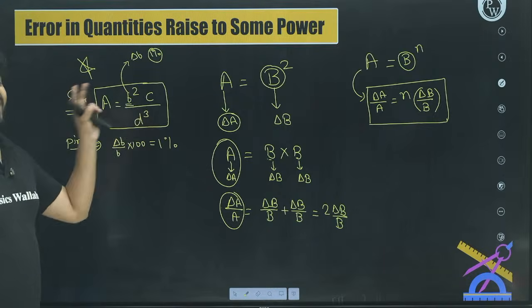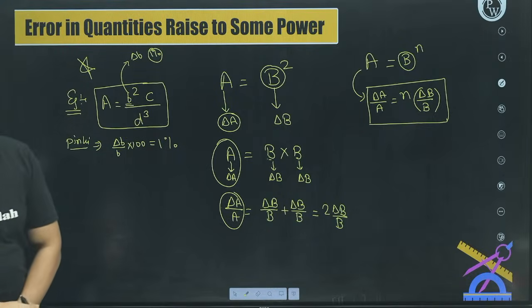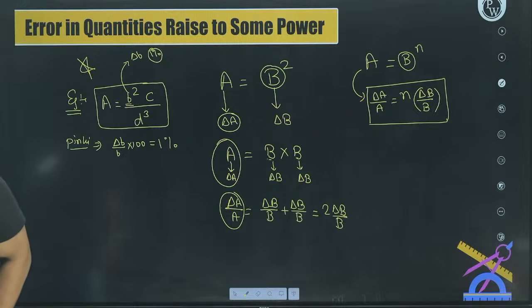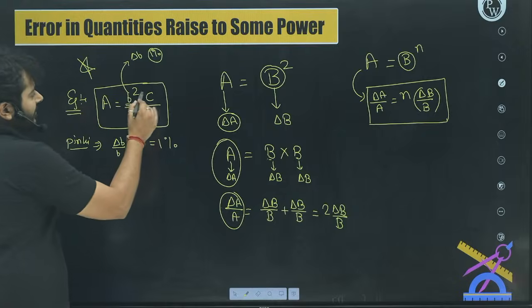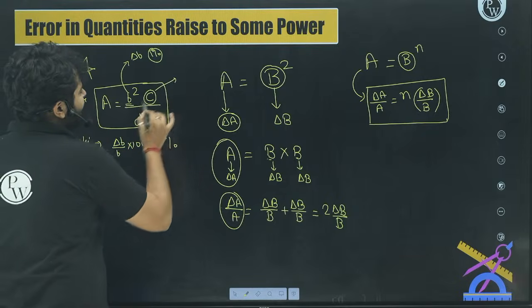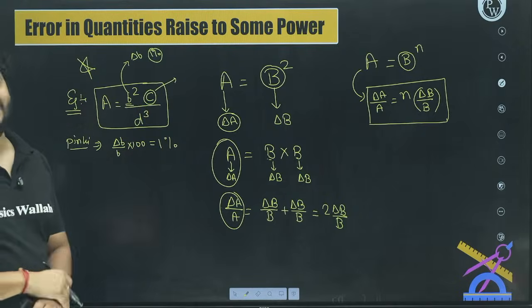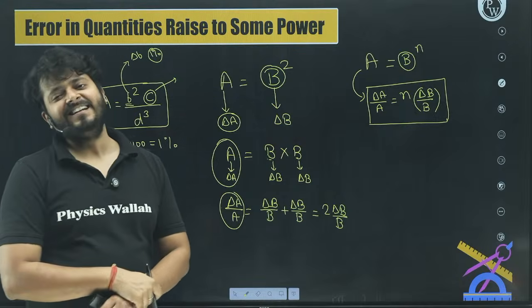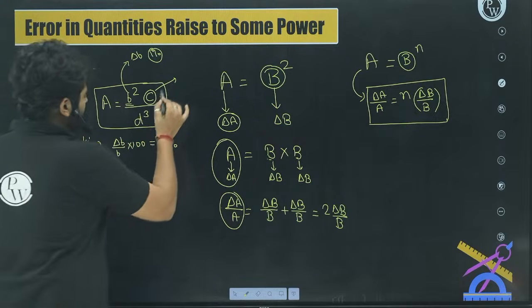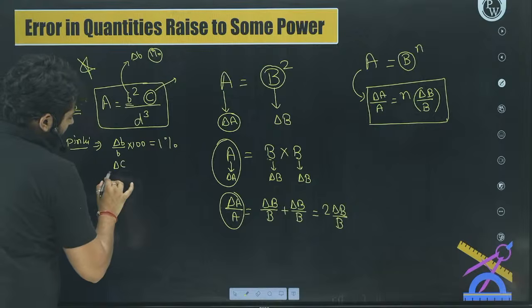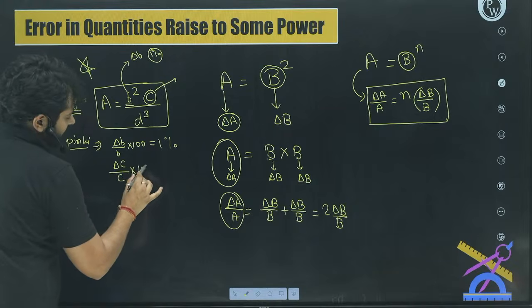Now, Vishal is measuring the value of C, and he is saying that, sir, in the measurement of C, I have made an error of 3%. So it is given that the percentage error in the measurement of C, delta C upon C into 100, is 3%.